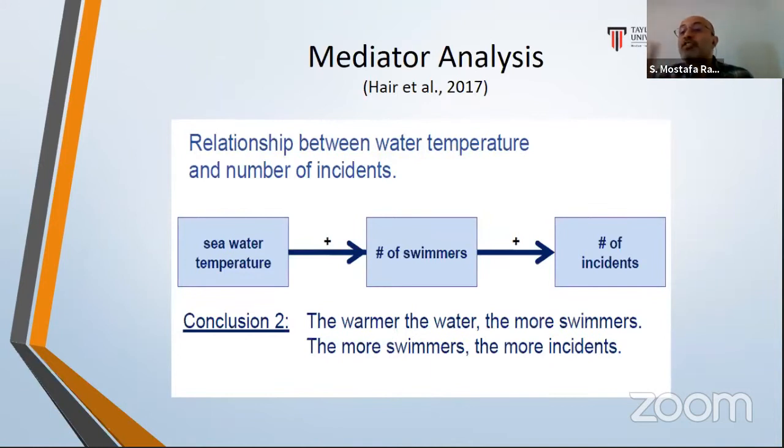Based on this rationale and support from literature and theory, we can hypothesize a mediator. So it's not possible to simply put a variable between two other variables, IV and DV, say this variable can be a mediator, and test it. We need support from literature and theory.